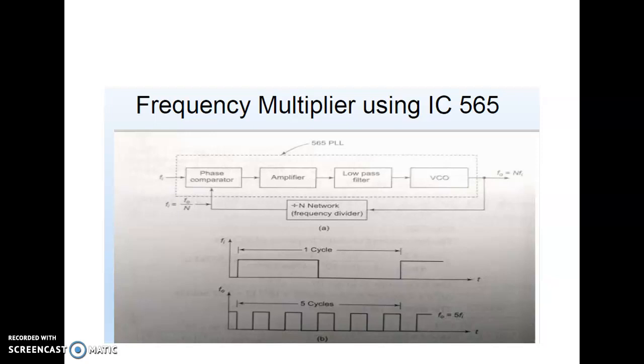So we can say Fo is equal to capital N into Fs or Fi. Thus the input frequency gets multiplied by N. The multiplying factor can be obtained by proper selection of scaling factor N of the frequency divider.